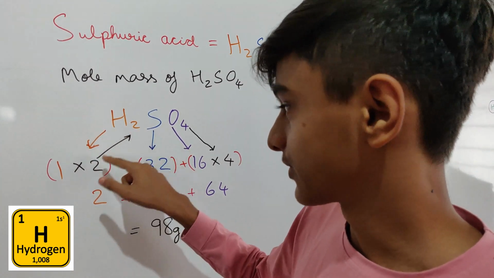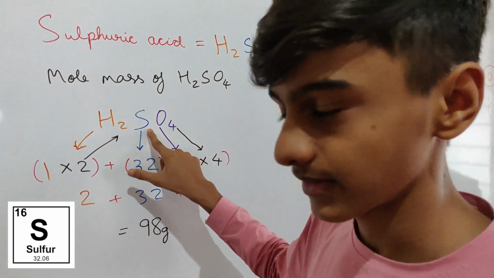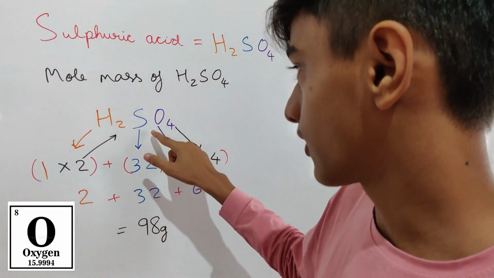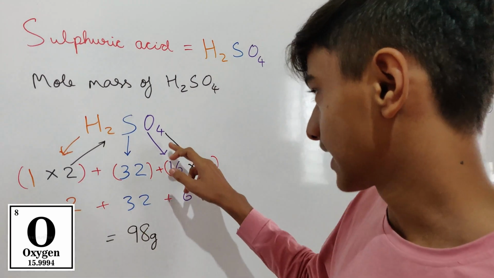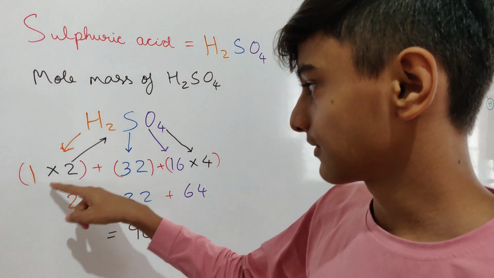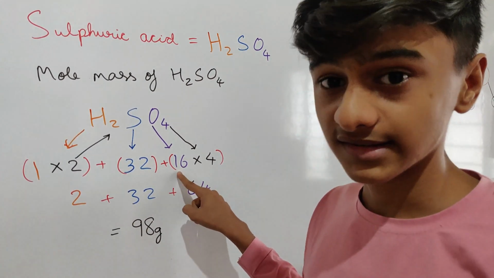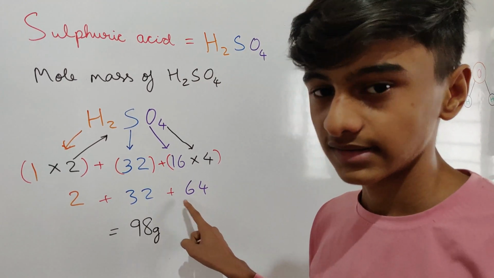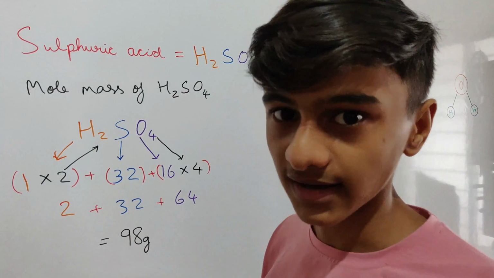So 1 times 2. 32 is the atomic mass of sulfur, and oxygen is 16, which is the atomic mass of oxygen, times the 4. So now we have 1 times 2, that is 2, plus 32, plus this 16 times 4, 64, that is 98. So 1 mole of sulfuric acid weighs 98 grams.